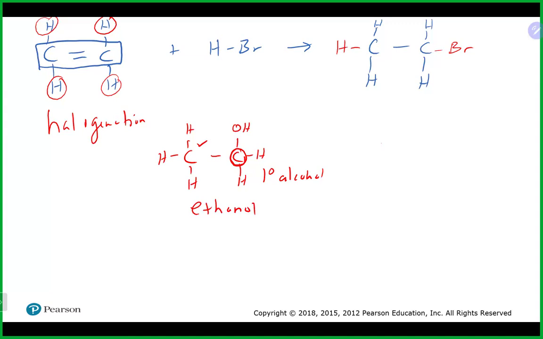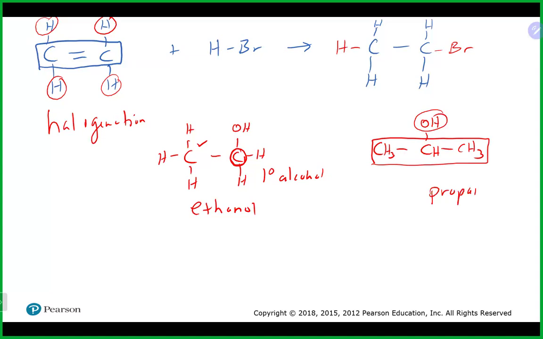If you had something like this, the longest carbon chain on this one is 3. And we have the OH. So that is going to be propanol.